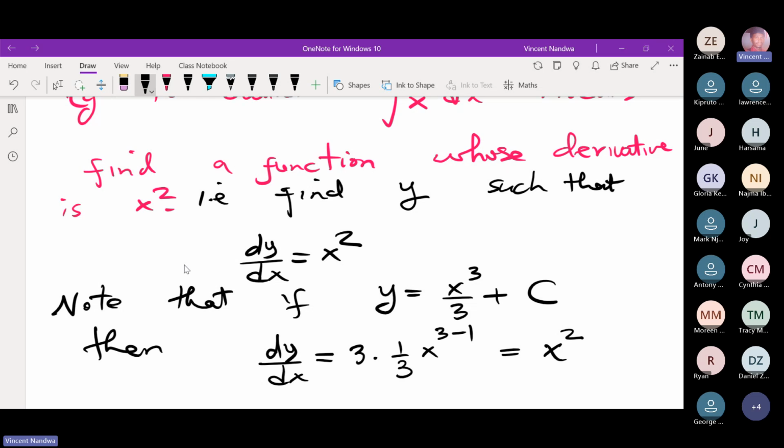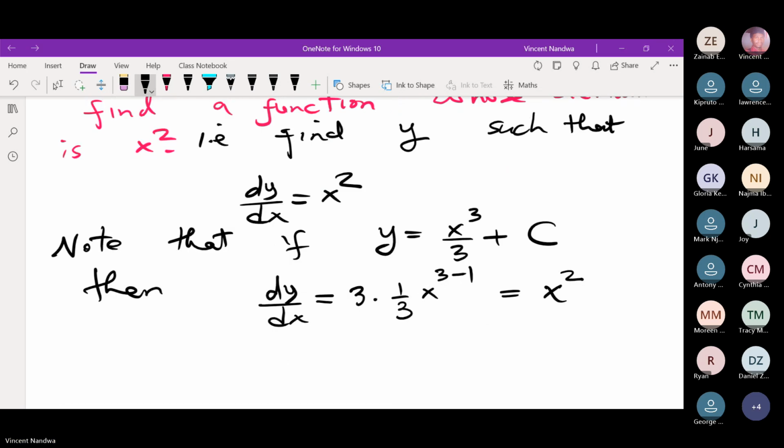So then the integral of x squared dx will be x cubed divided by 3 plus c.